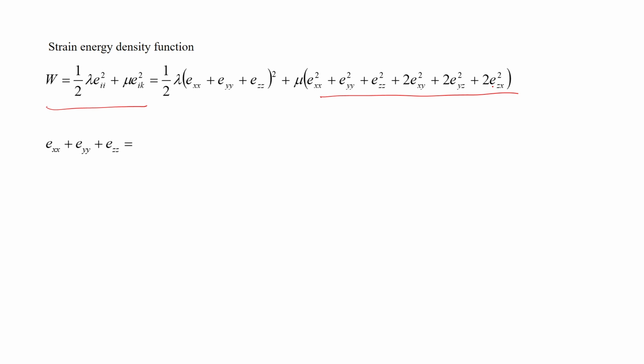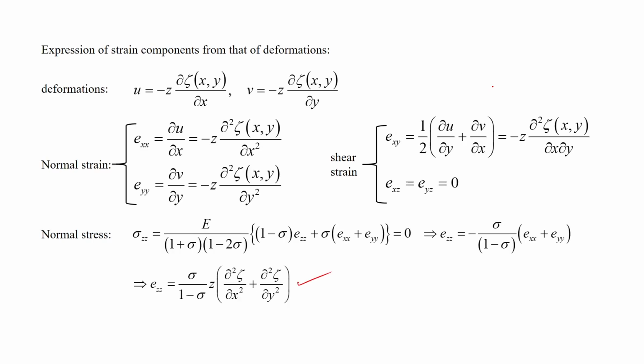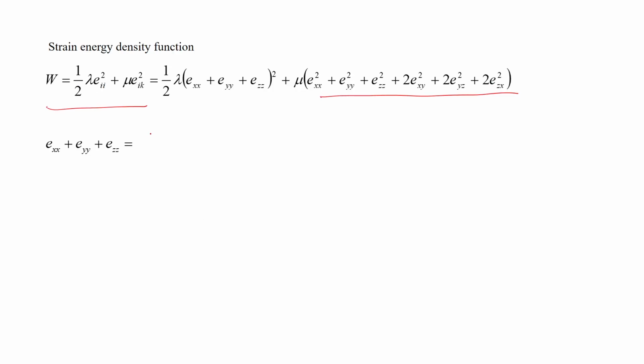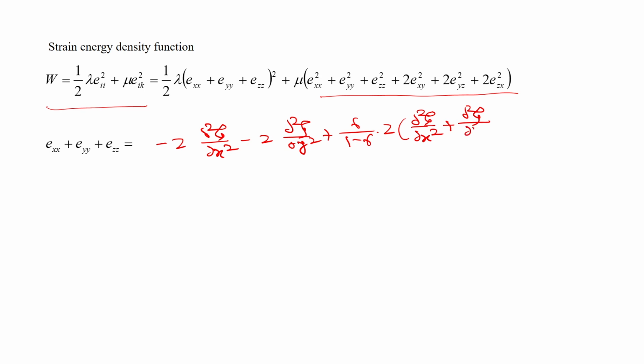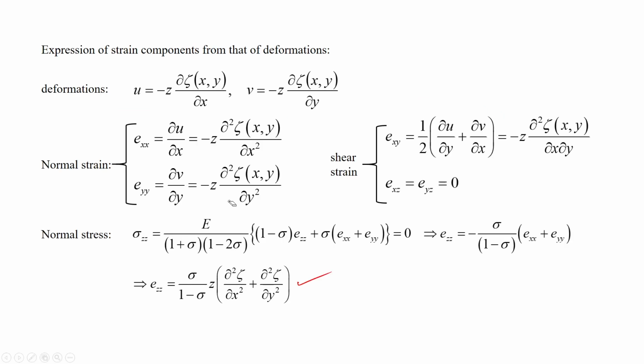So Exx we just derived to be minus z into del square zeta by del x square minus z del square zeta by del y square plus sigma by 1 minus sigma into z into del square zeta by del x square plus del square zeta by del y square. This is Ezz. So sigma x Exx is equal to minus z, that's fine.